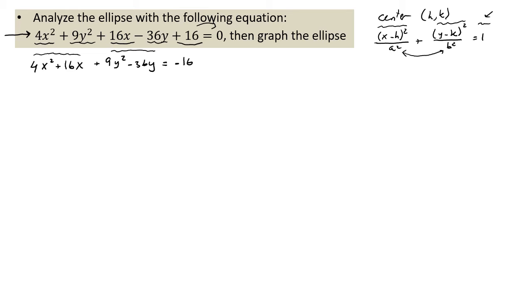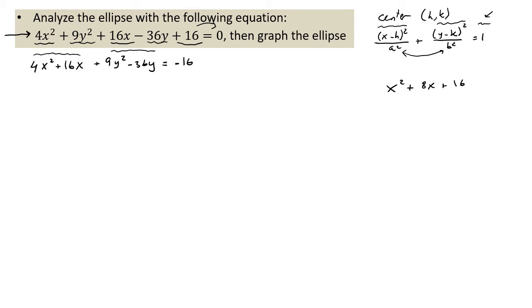But so far, we have been completing the squares for values where the coefficient of x squared or y squared is only 1. For example, if I have x squared plus, let's say, 8x, then I know in order to complete the square, I'm going to have to add 16 over here.